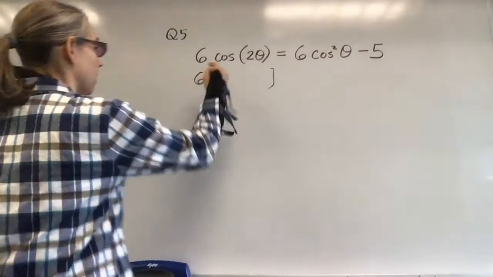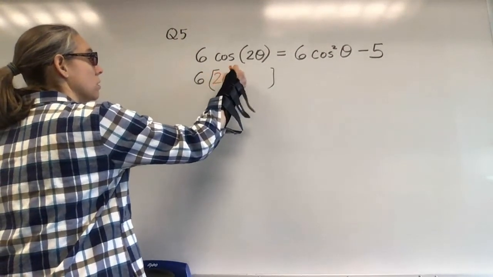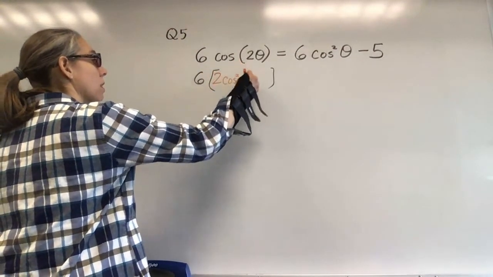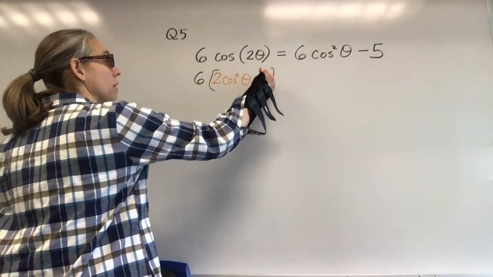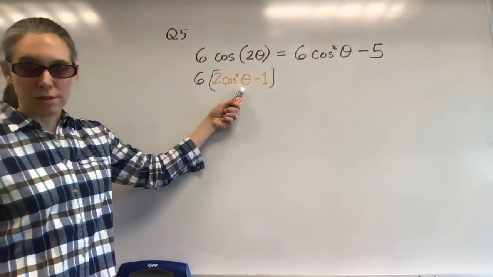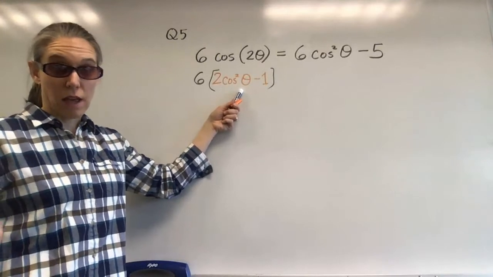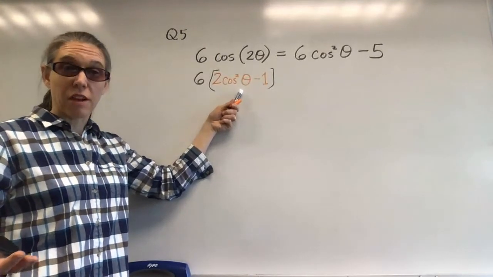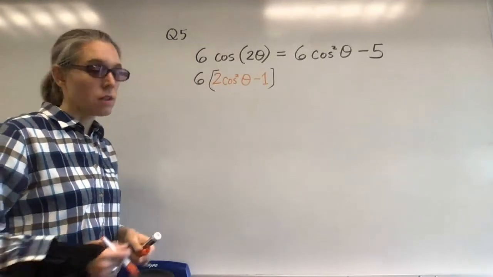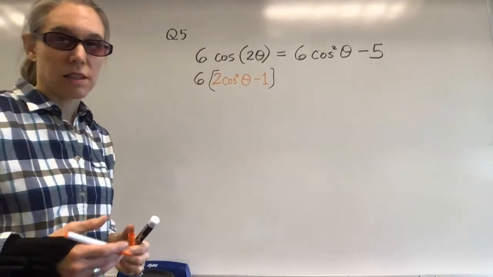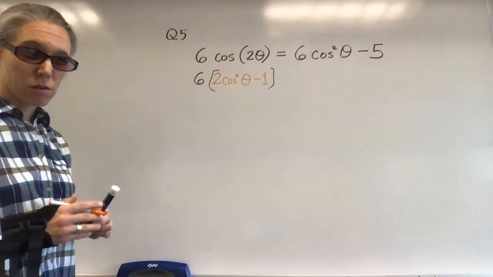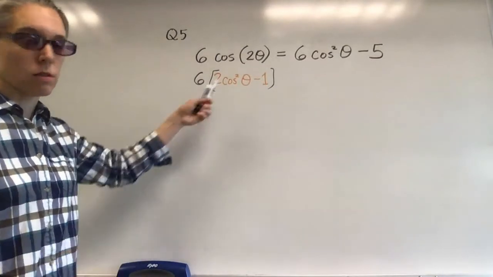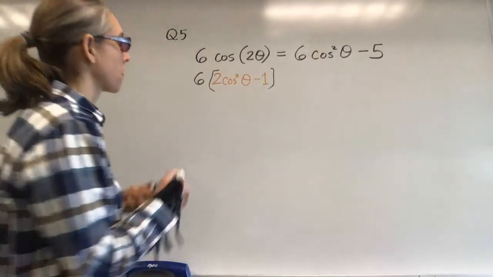In this case, 2 cosine squared theta minus 1. Always remember that you need to attach an angle to every trig function. In the equations, of course, the angle will be a variable, same as with proofs. In other contexts, you might see an actual number. But the variables are very commonly dropped by students, so don't drop them.